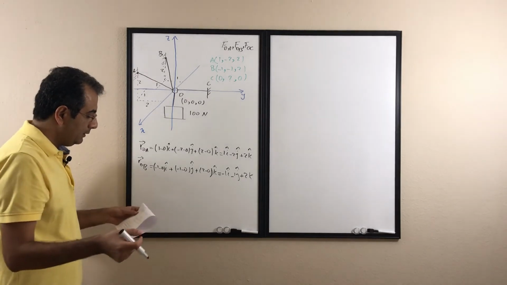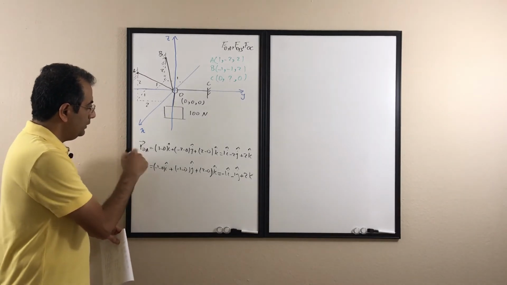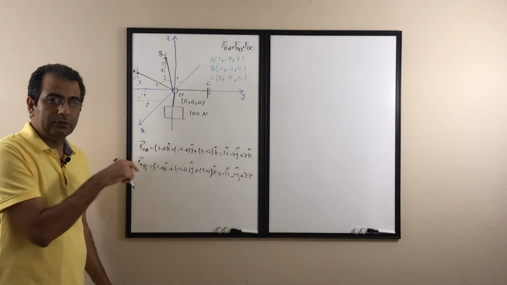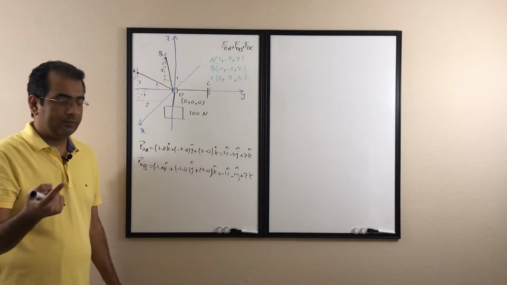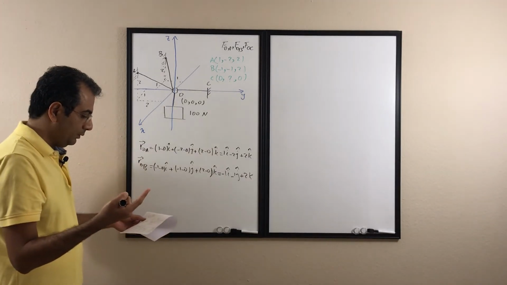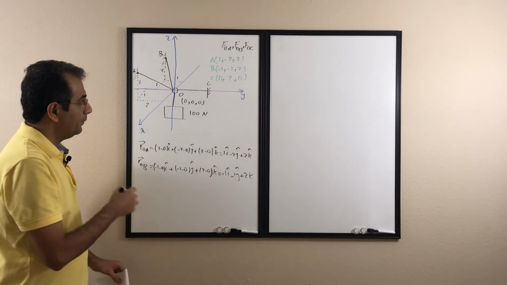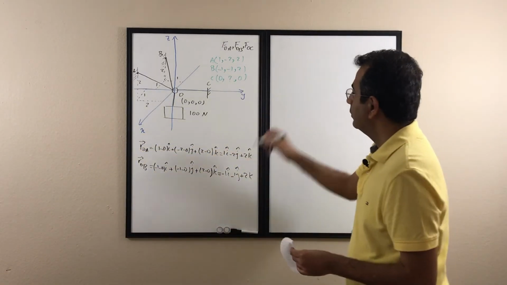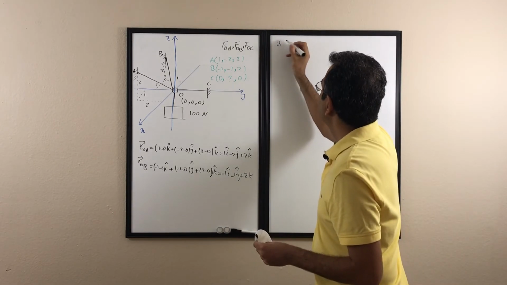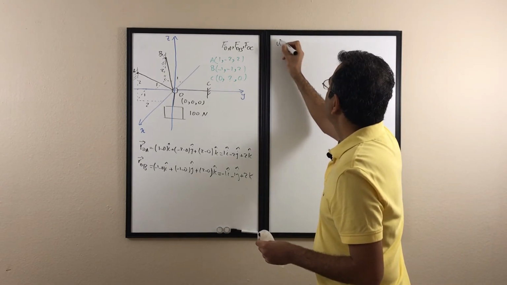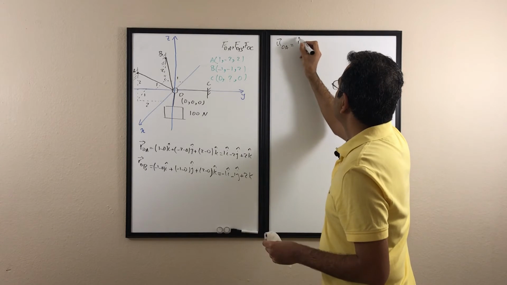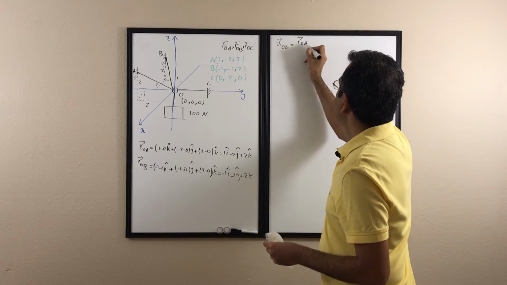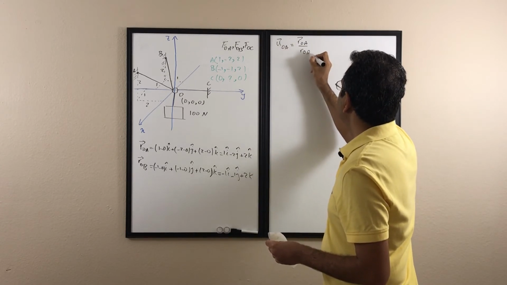So the next thing I need is the unit vector. I have the position vector, that was the first part. Then I need the unit vector for either of these two. So I'm going to write the unit vector here. For OA, the unit vector is the position vector divided by its magnitude.